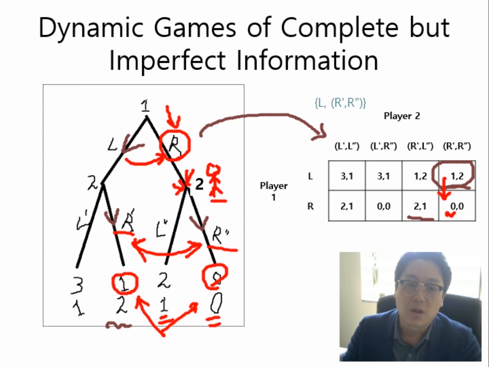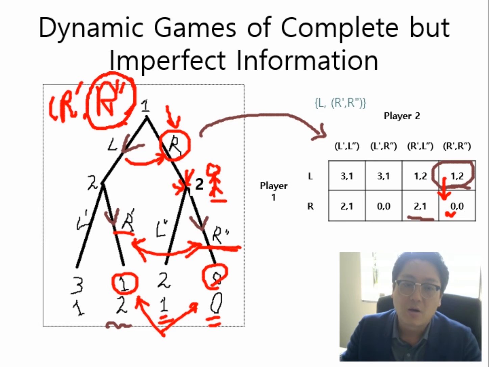Even though she had a plan to play R prime and R double prime before the game started, if this node is reached, to follow her first plan is ridiculous, because if she plays R double prime, what she can get is 0. 0 is less than 1.